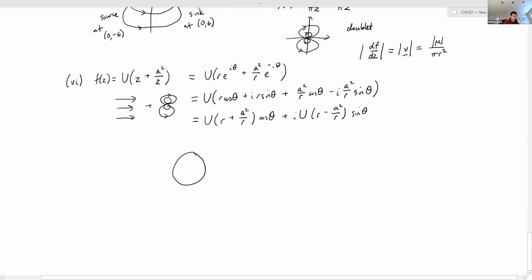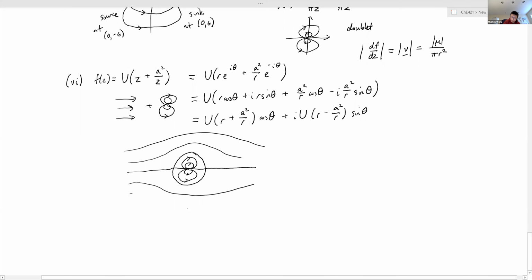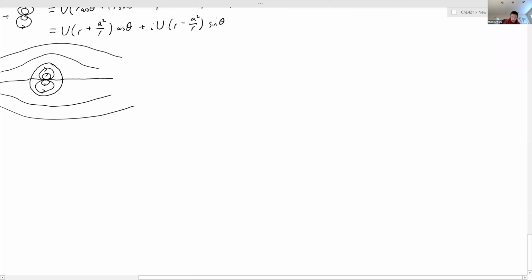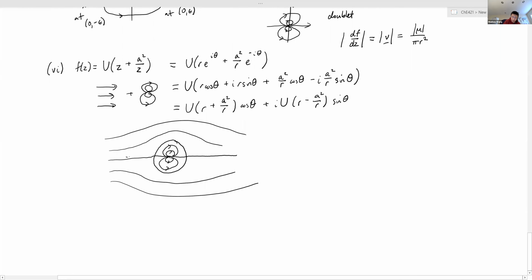Here's our cylinder. Inside that, we have this sort of weird doublet eddy thing going on. But then outside of that, we have our linear flow moving to the right.